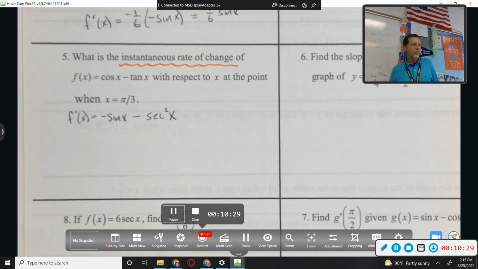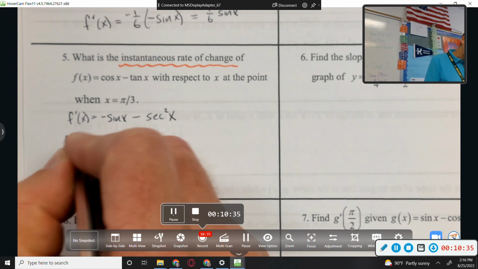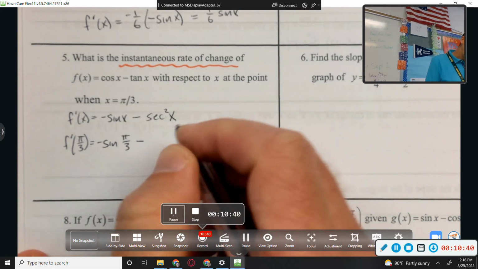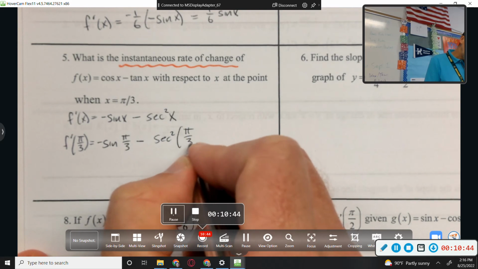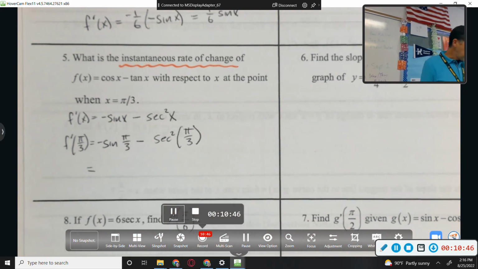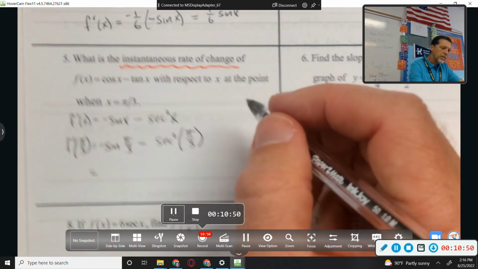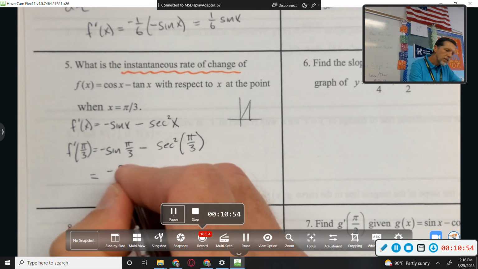And so now we get to test our unit circle knowledge here. Let's see, sine of pi over 3 is root 3 over 2.